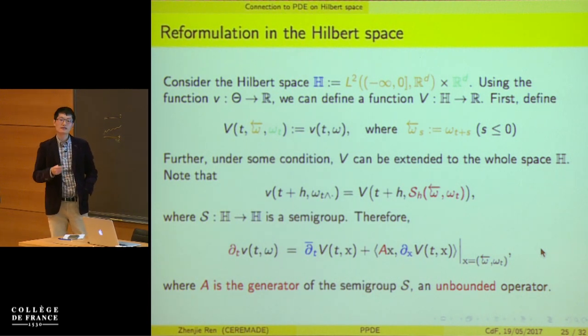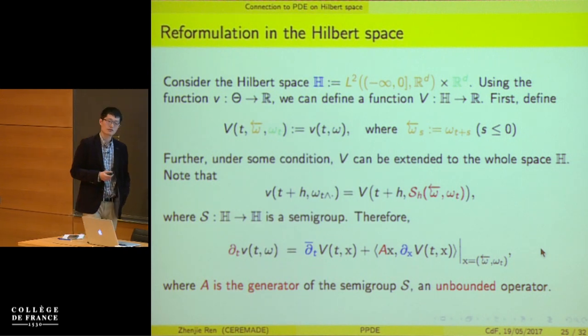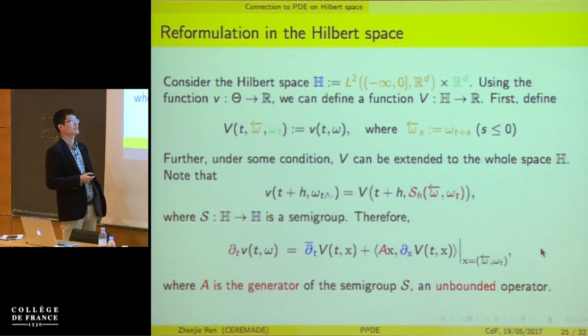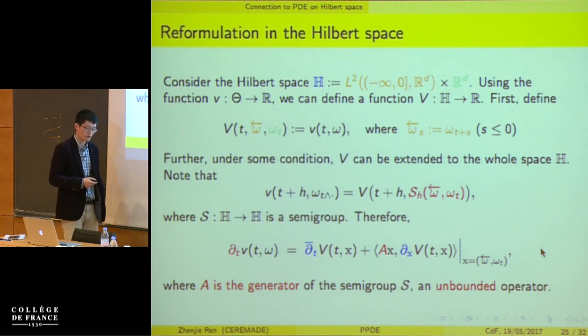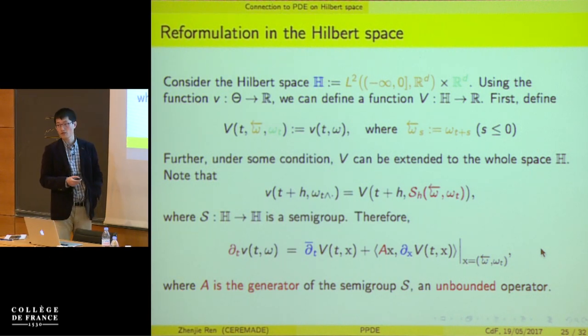Therefore, the horizontal derivative has this calculus. By admitting the simple chain rule, you see that the horizontal derivative in the Dupire sense is composed of two parts.